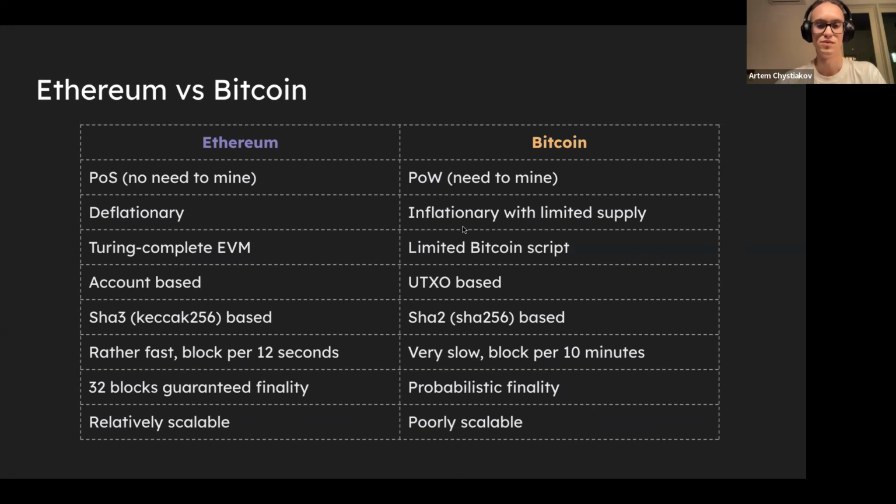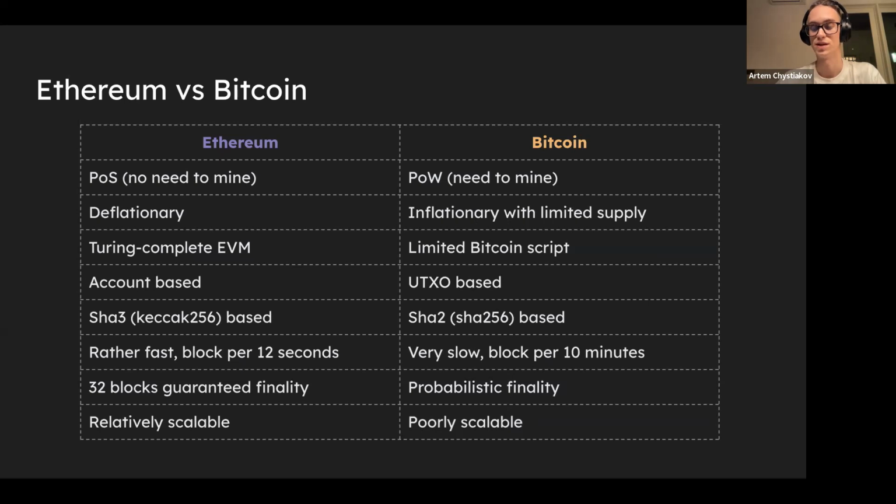Bitcoin right now is an inflationary asset, which means that the supply and the number of Bitcoin increases as they are mined. But it is a limited inflationary asset, meaning that at some point of time, there won't be new Bitcoins introduced.